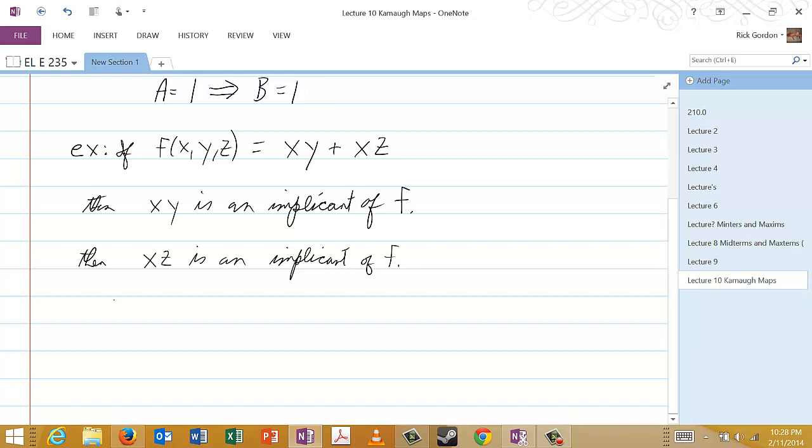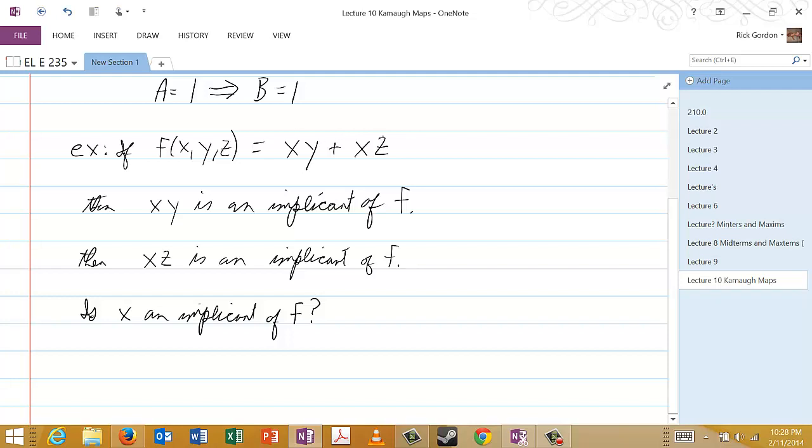Now let's ask, is x an implicant of f? And the answer here is no, because if x is equal to 1, that doesn't necessarily imply that f is equal to 1.